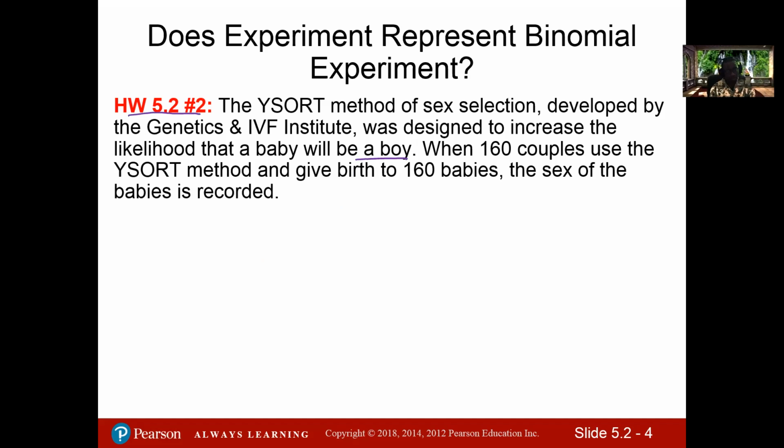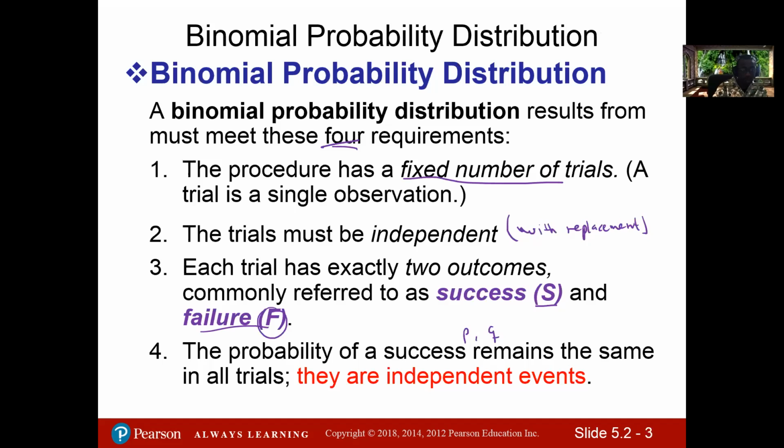Homework number 2. If it describes a binomial distribution, then it has satisfied the 4 requirements. What are they? Let's go back. The procedure has a fixed number of trials. The trials are independent. It has exactly 2 outcomes, a success and a failure.